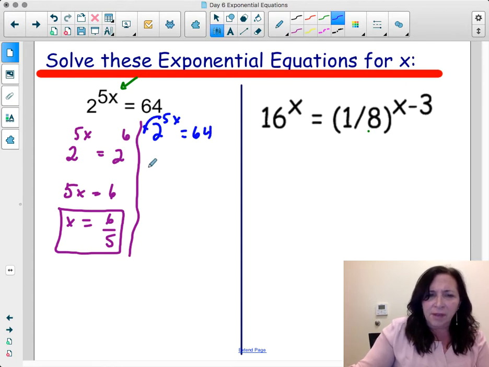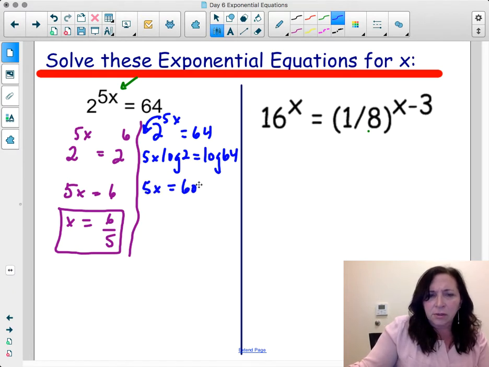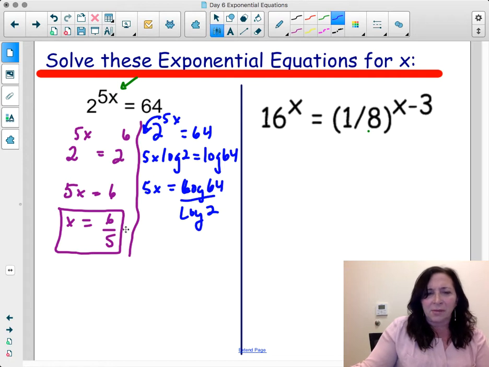This 5x comes out front, and you would get 5x log 2 is equal to log 64. 5x is equal to log 64 divided by log 2. And you can guess what this is going to be, of course, because if we're dividing by 5.